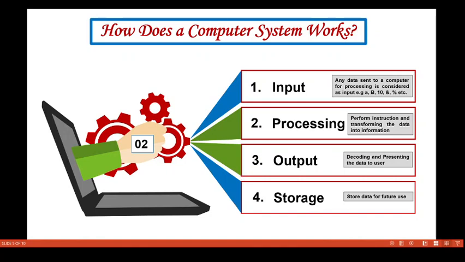So storage is the last keyword in how a computer system works, or the definition of a computer system. A computer will store the data in case you want to continue working with what you have done before, or you want to retrieve your data.